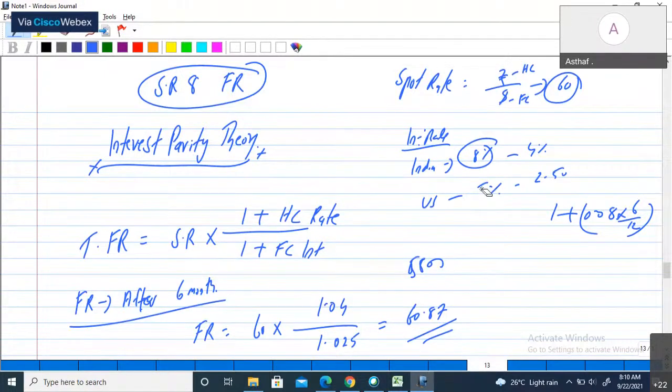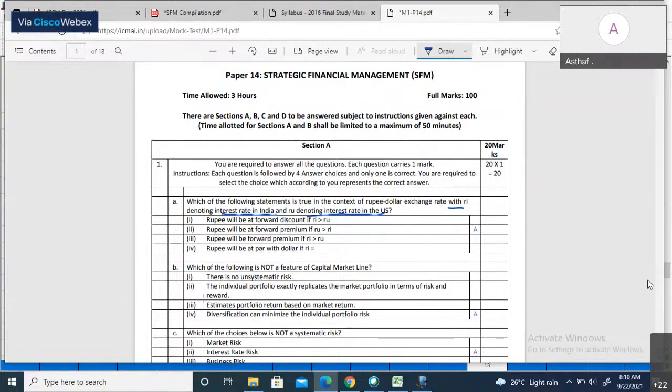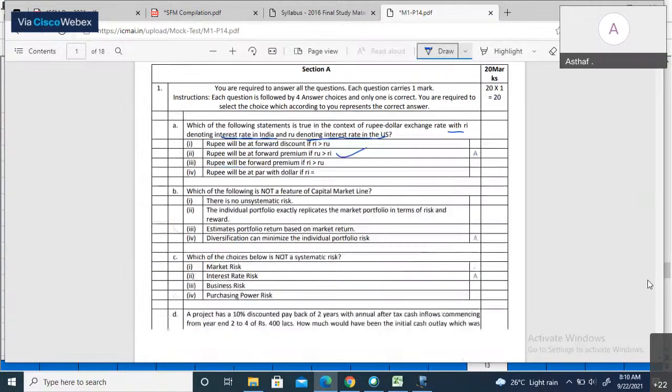When we convert into 5%, it goes above. That means when your foreign rate is more and your home currency rate is low, the foreign currency is appreciating. Whereas when your foreign rate is low and your Indian currency is more, it is depreciating. So that question only they are asking.